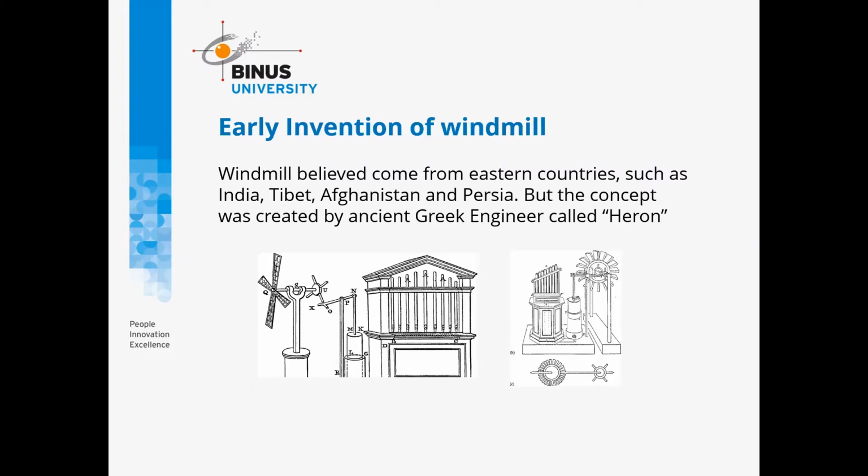So the first windmill is believed to come from Eastern countries such as India, Tibet, Afghanistan, and Persia. But the first concept of the windmill itself was created by an ancient Greek engineer called Heron.